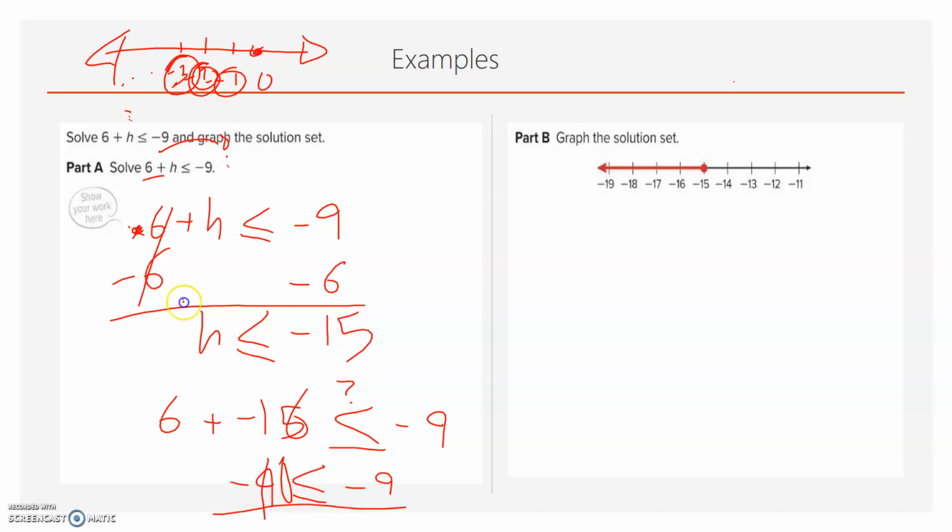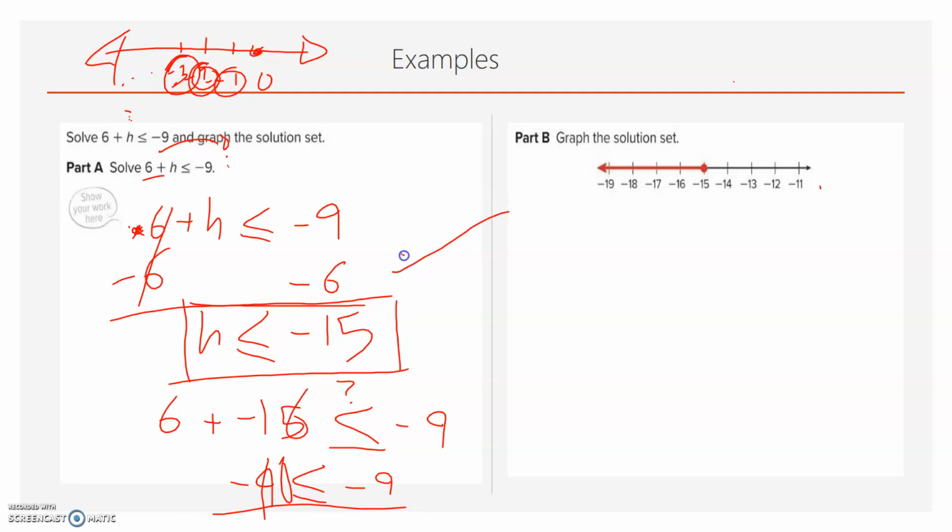Now, let's focus on our solution, which is h is less than or equal to negative 15. How can we draw it? We have a number line in here. We have it from negative 11, keeps going to negative 19, and keeps going forever. What should I do first? Should I do an open circle or a closed circle?